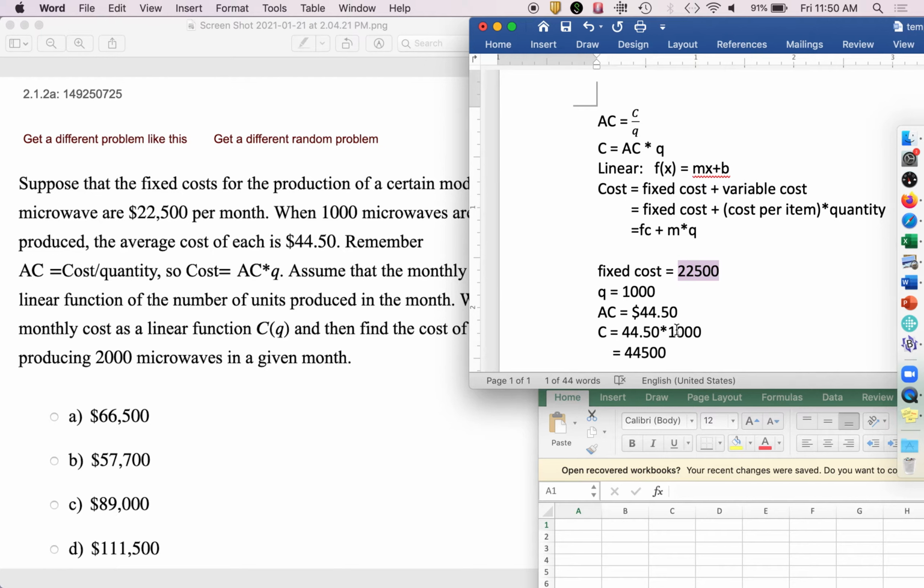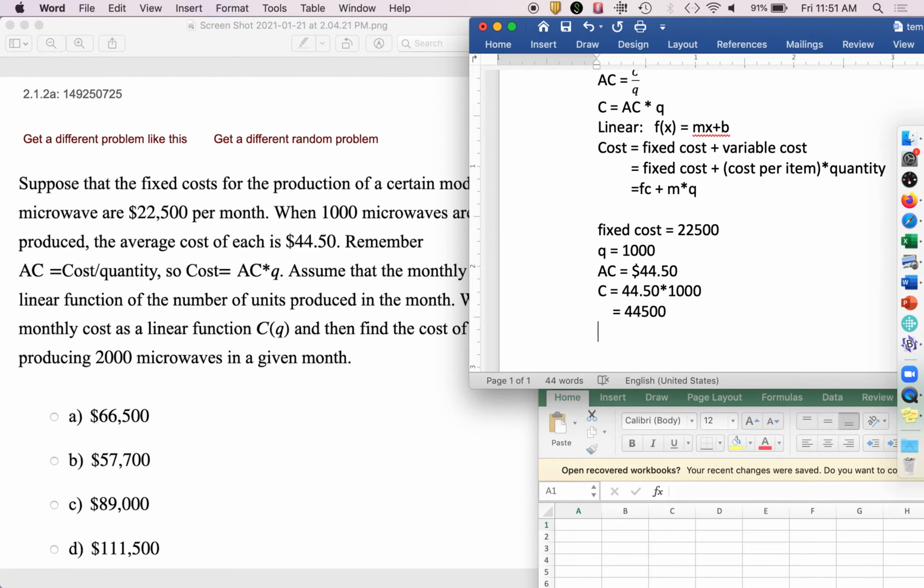And I know that if I plug in 1,000 for Q and 22,500 for FC, I have an equation I can solve for M. So we're going to plug in C equals 44,500, Q equals 1,000, and FC equals 22,500, so we can solve for M in the equation C equals FC plus MQ.